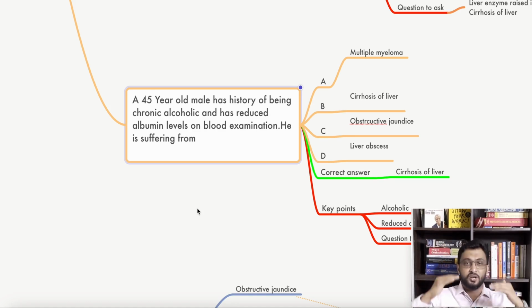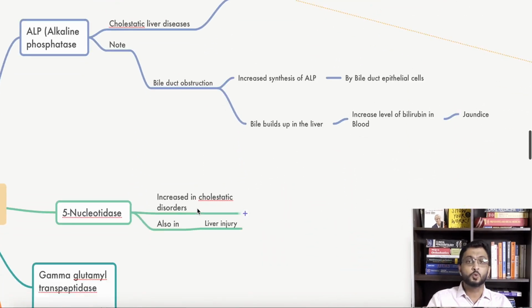You know everything about jaundice, you know the 3 types of jaundice, you know whatever is happening in it, but you don't know that obstructive jaundice is cholestatic liver disease itself. Cholestatic is something related to bile. So how does obstructive jaundice come there? What is the role of ALP there? All these are simple things which, if you connect, become super easy.